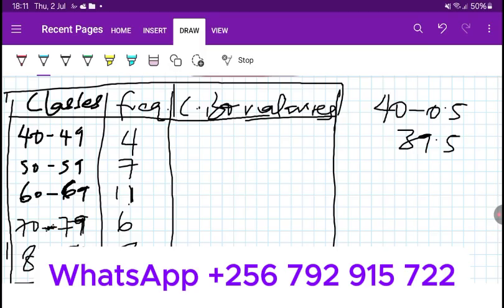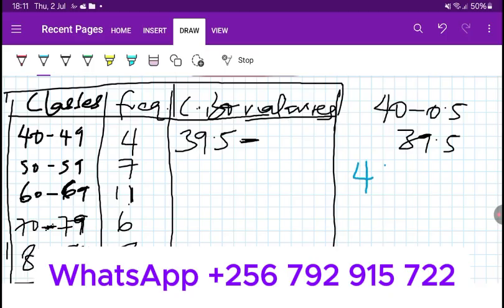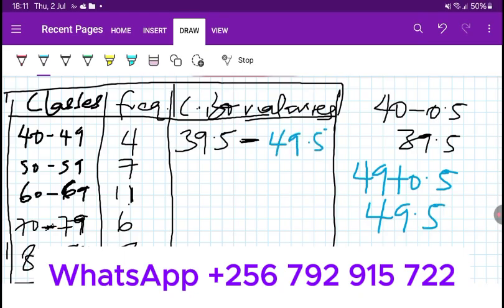So this 39.5 will be here. Then for us to get the upper class boundary of that same class, it is 49 plus 0.5. That gives you 49.5. So here it will be 49.5.